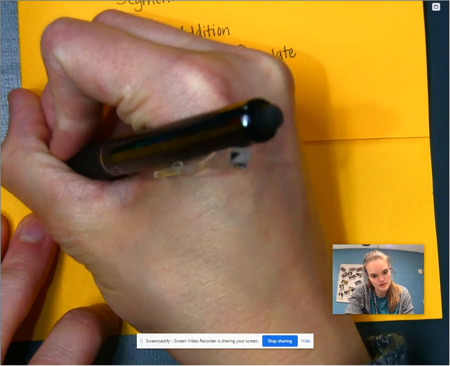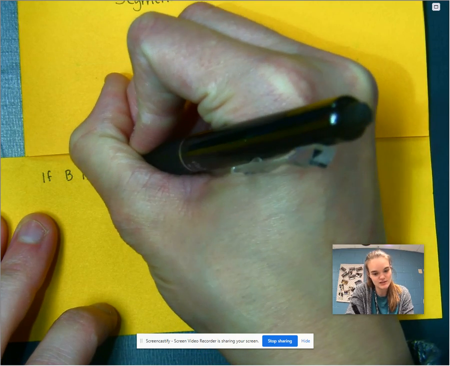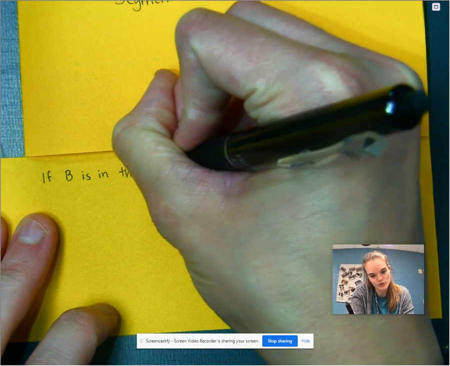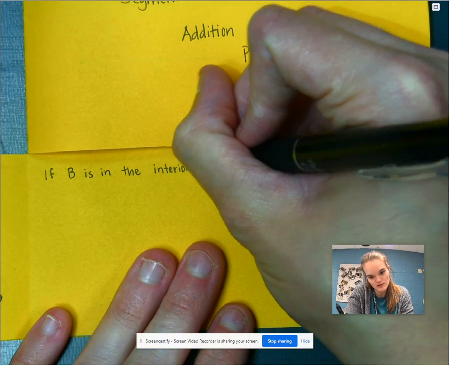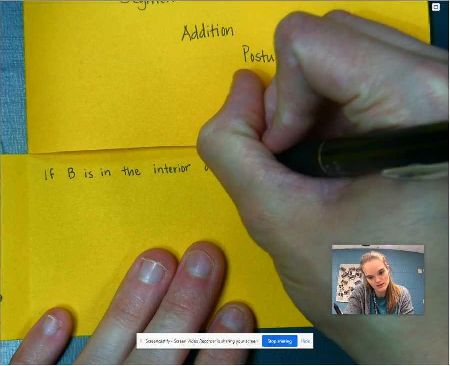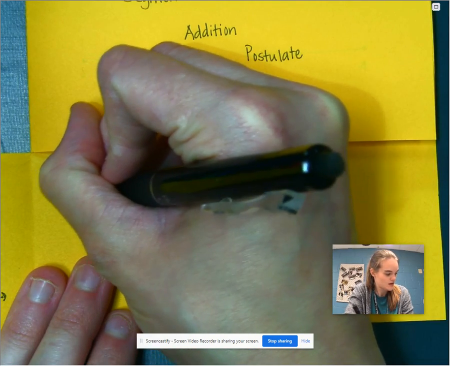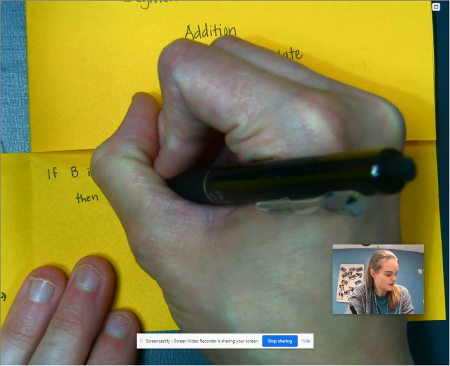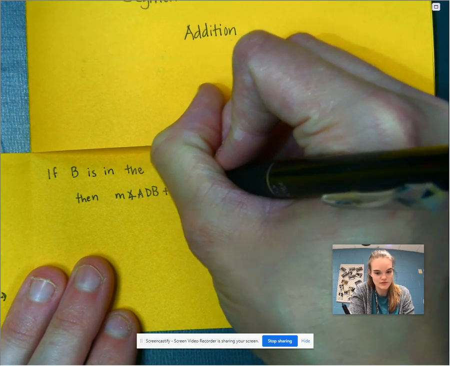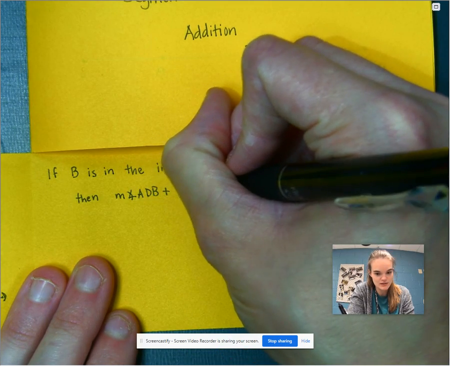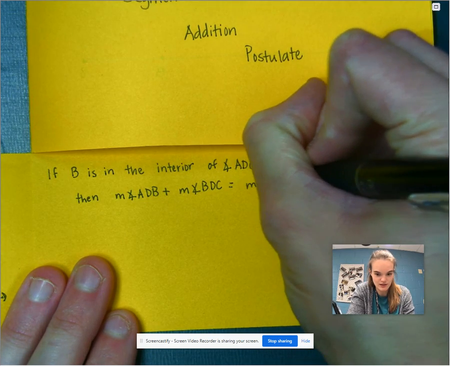If B is in the interior, inside, I'm pretty sure you know what interior means, of angle ADC, then the measure of angle ADB plus the measure of angle BDC equals the measure of angle ADC.